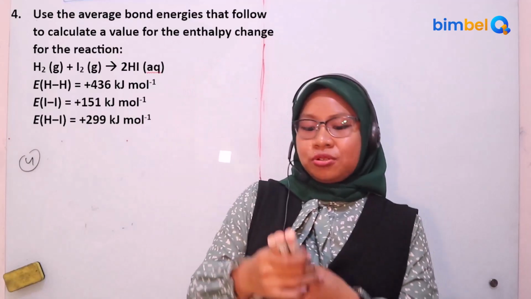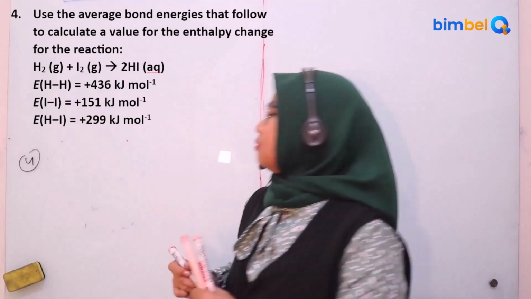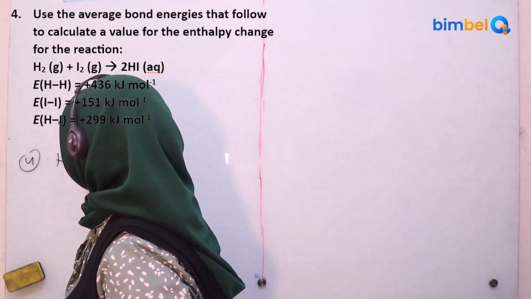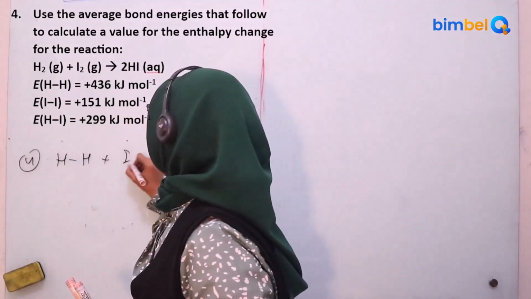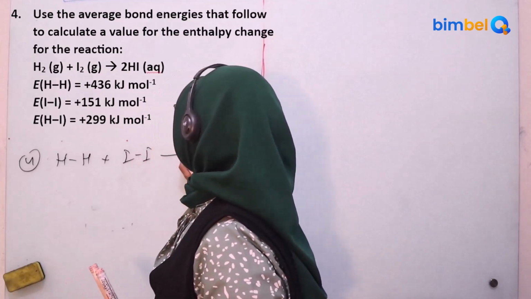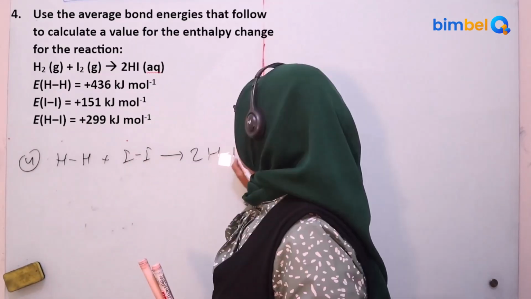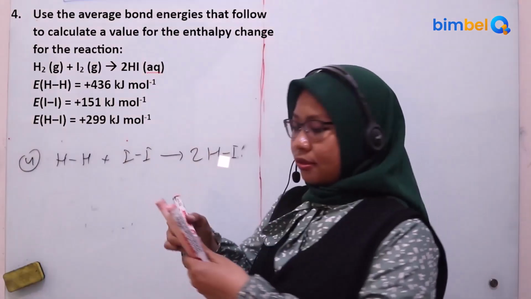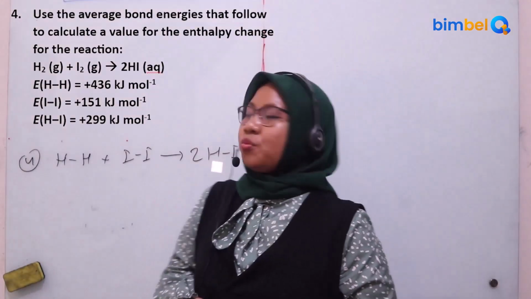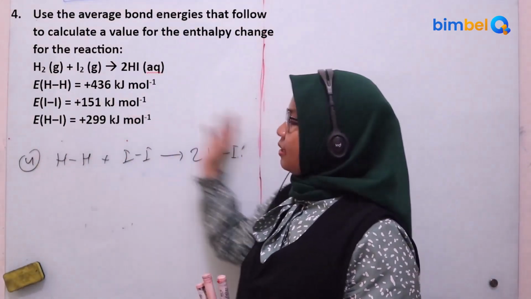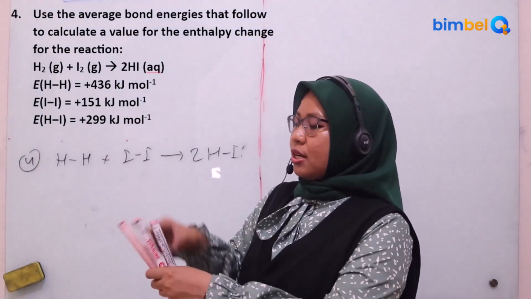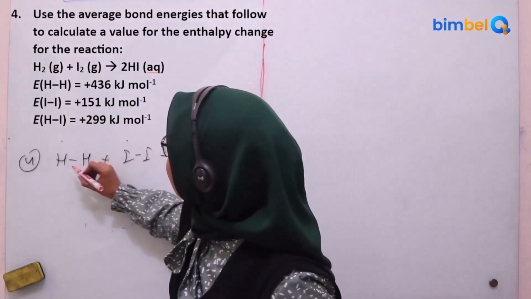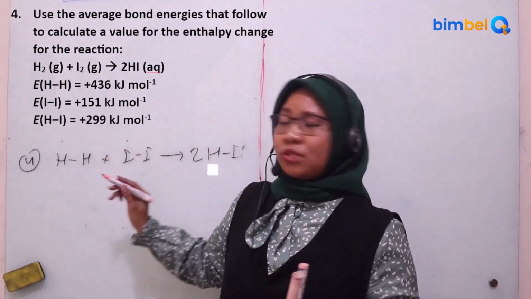So now let's write the reaction. We have hydrogen plus iodine to create hydrogen iodide. My suggestion is to write the reaction in this style, because we are going to calculate the bond energy, so we have to make sure that the bonds are visible.